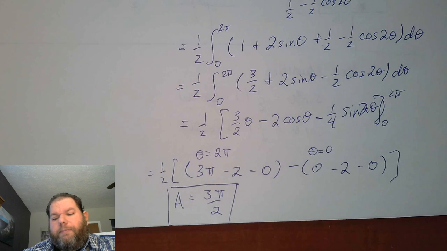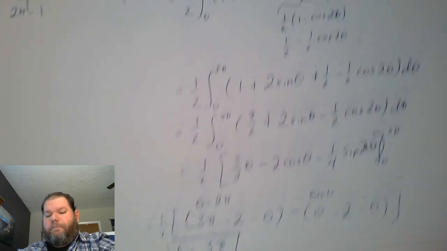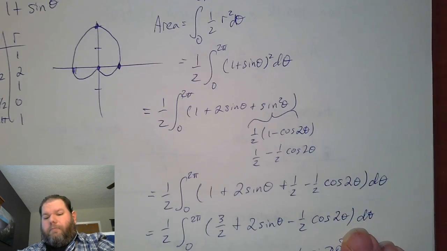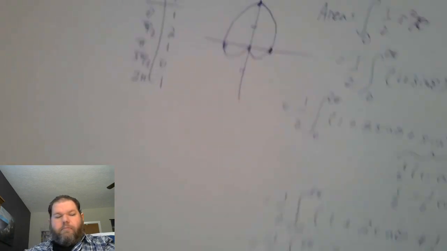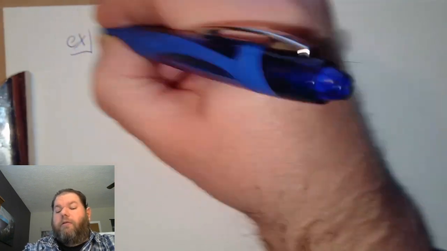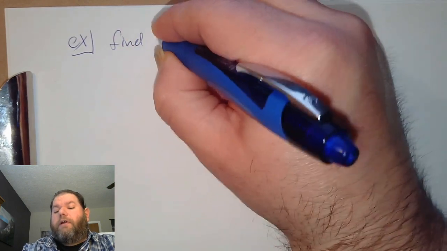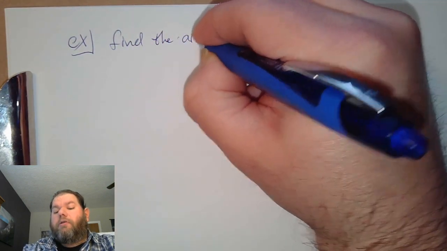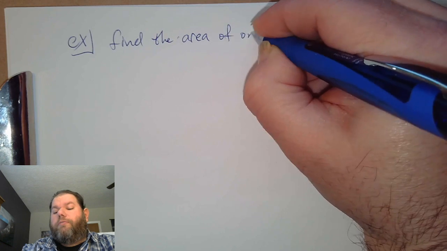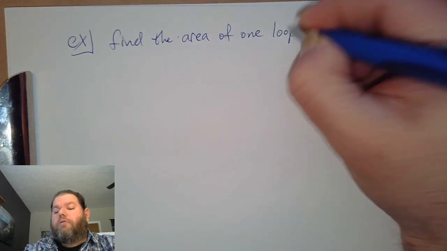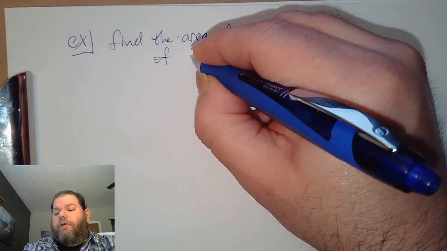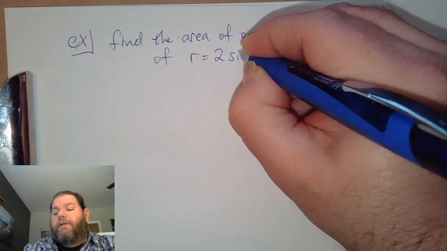Let's look at some more of those. Find the area of one loop of r equals 2 sine 2 theta.